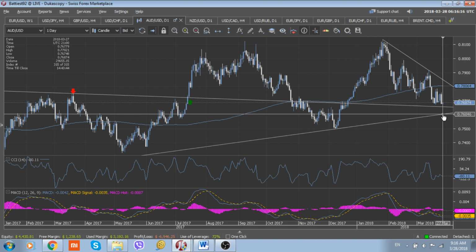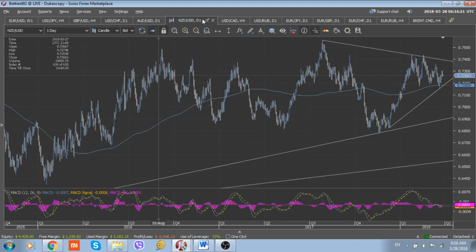As regards the New Zealand dollar, we still keep our long trade recommendation, but here the situation is also rather shaky, because any closing below the moving average 200 daily line, which lies today at 0.7186, should result in lower levels for the currency.